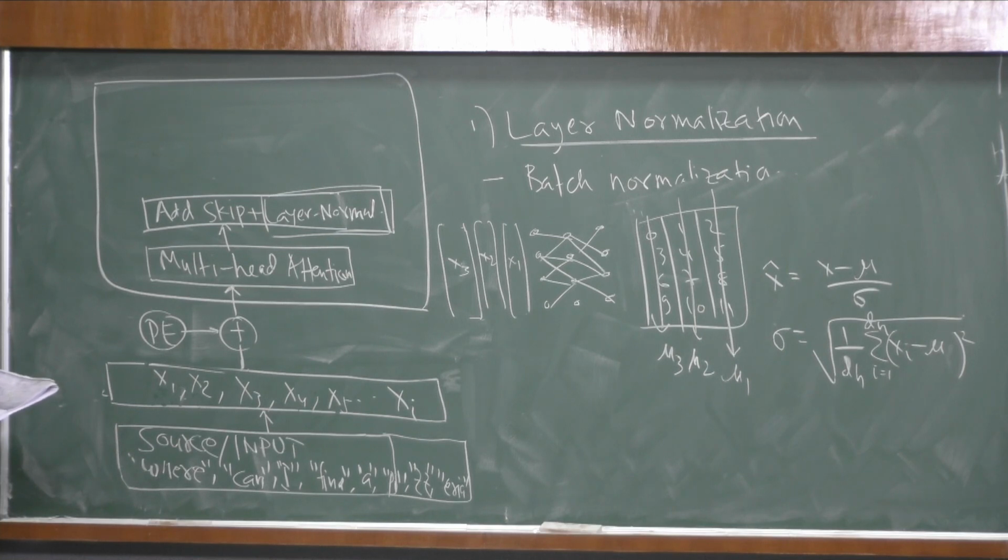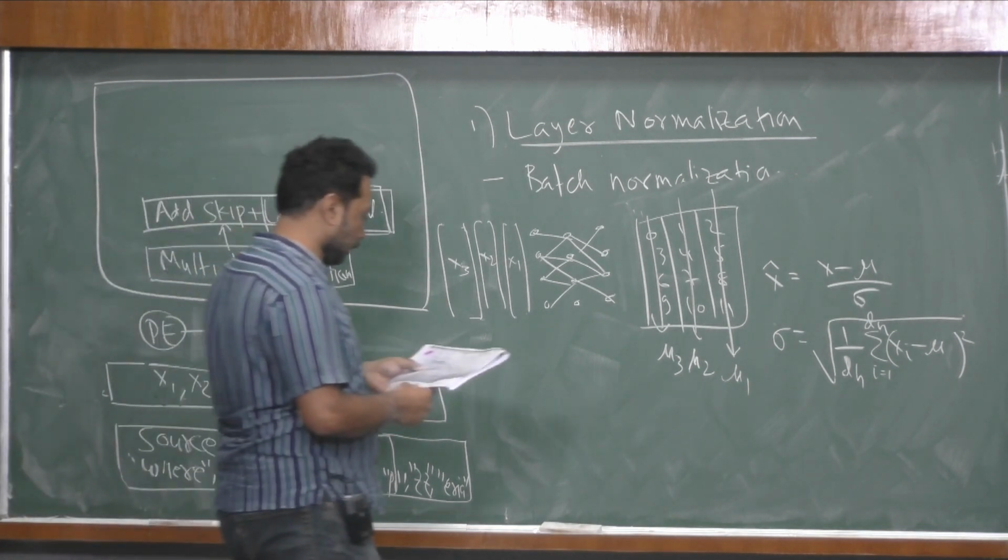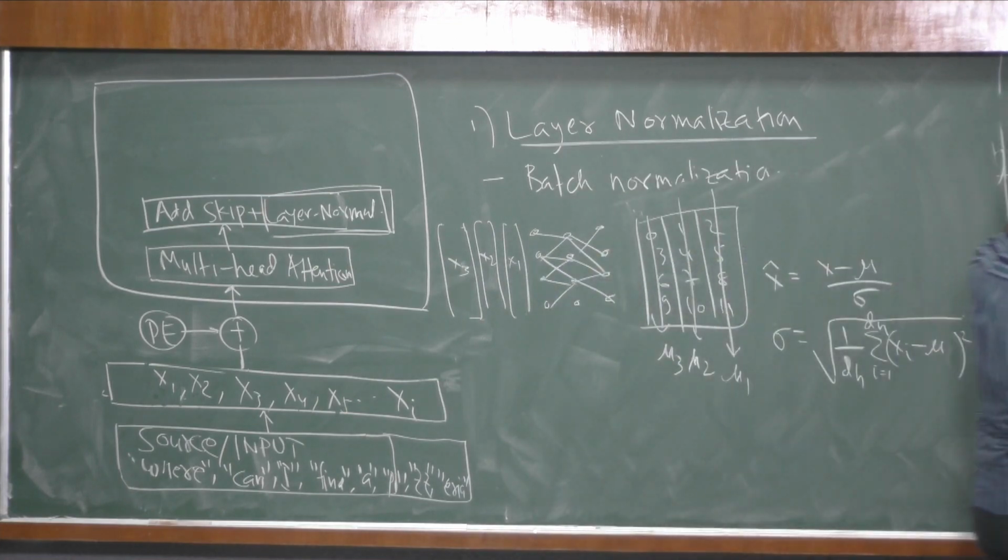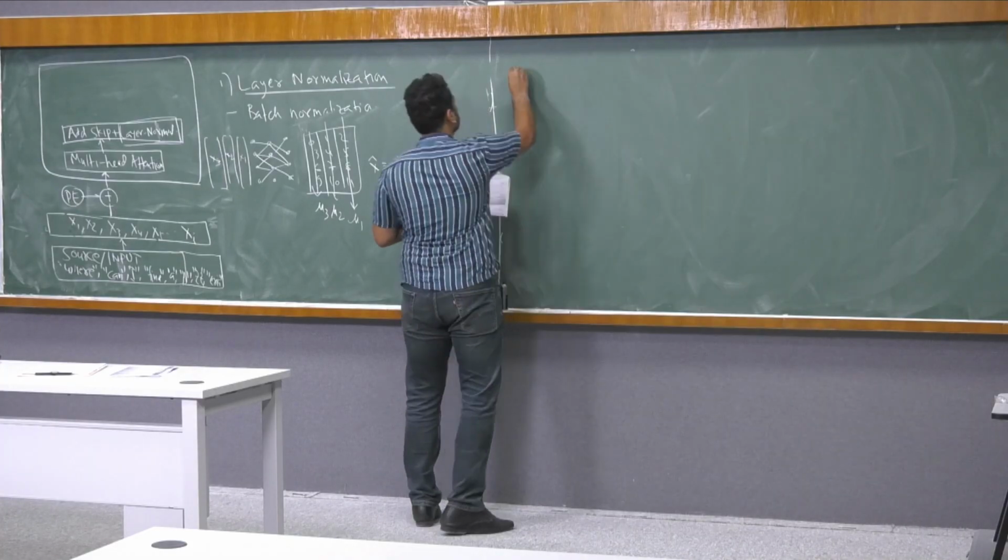And then we have so-called skip connections. A skip connection is another idea that is used to stabilize a neural network.